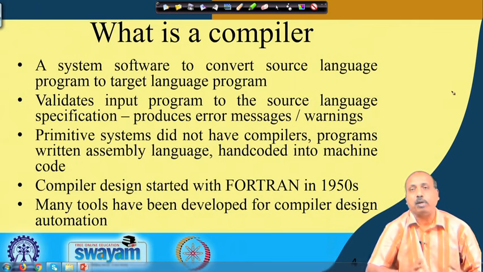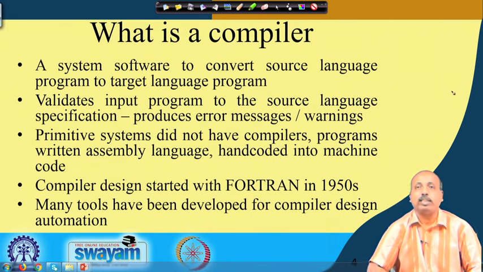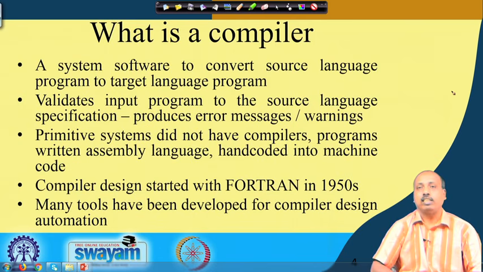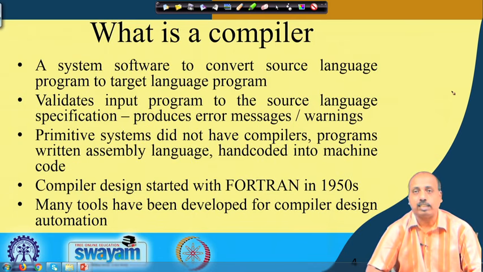As I said, a part of this course has its foundation on automata theory, and accordingly we can come up with automated tools that can generate the compiler given the grammar of the language.